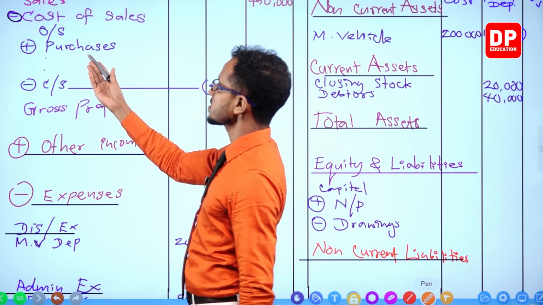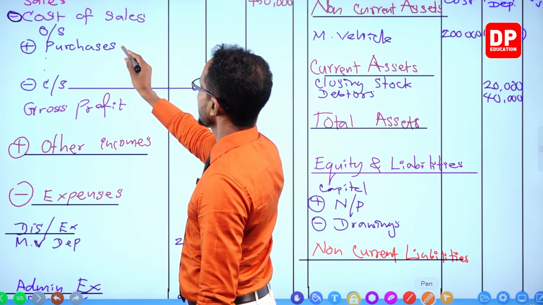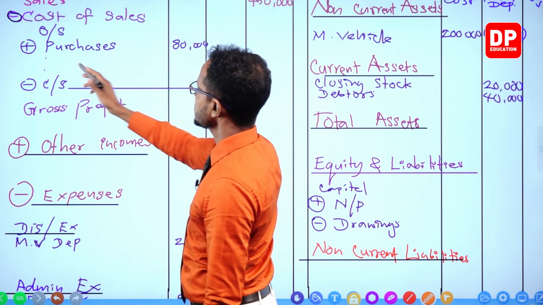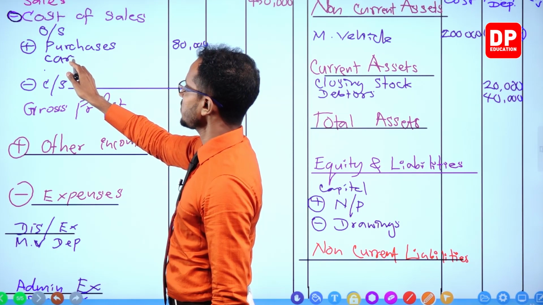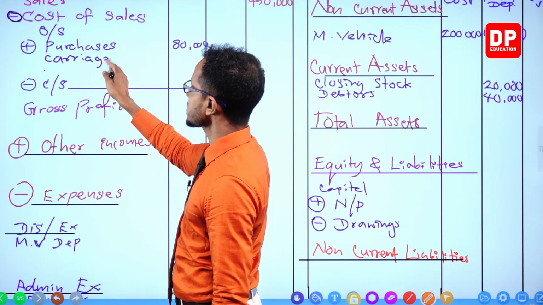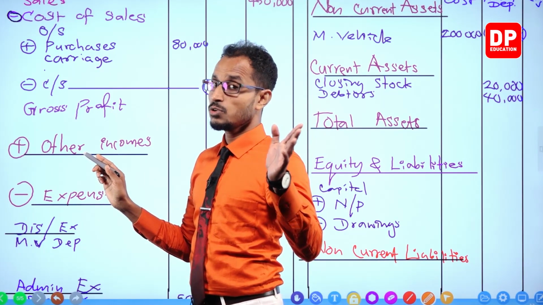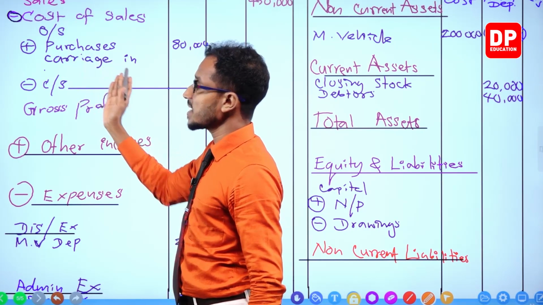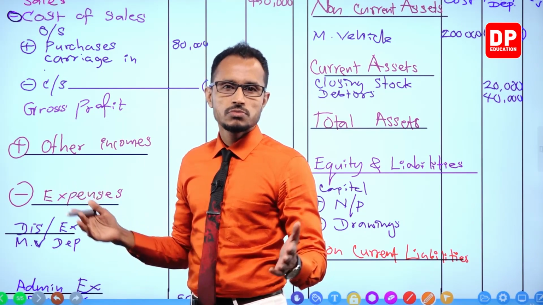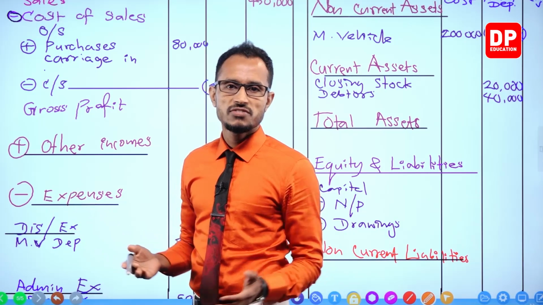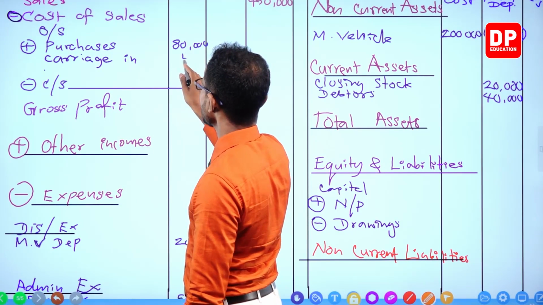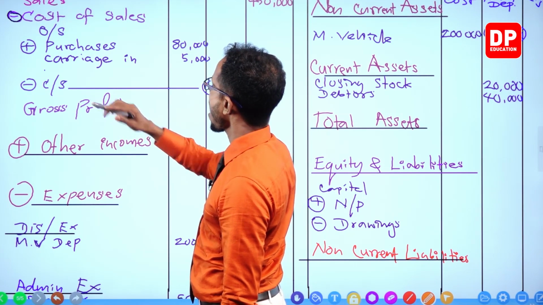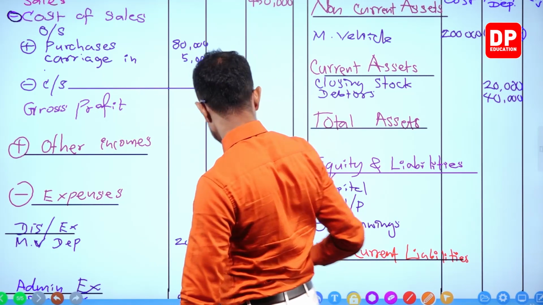See, purchases 80,000, carriage inwards. That's why we left some space. I told you not to forget to leave space for purchase related expenses. I showed you and I told you to leave a couple of lines. Carriage inwards 5,000. Opening stock is already here.